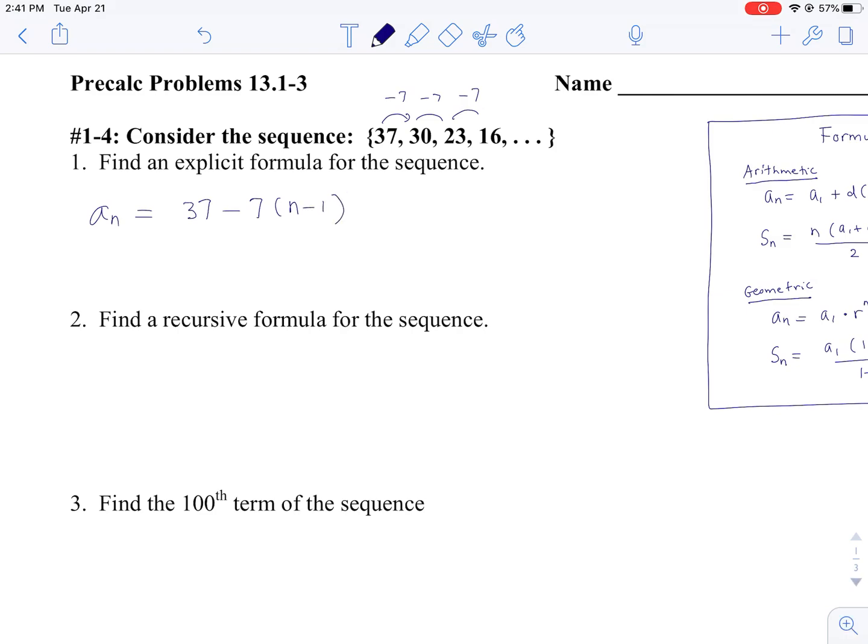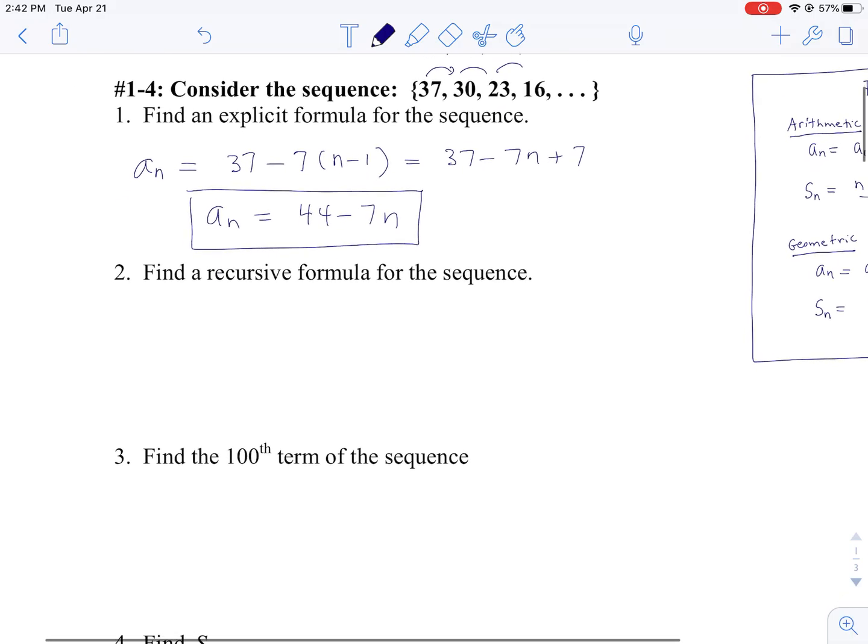Well, it's really plus the common difference, but we're adding a negative, so it'd be -7 times n minus 1. So, of course, if I simplify that, what do I get? I get 37 minus 7n plus 7, so it would simplify to 44 minus 7n. That would be the explicit formula, or the nth term, of that arithmetic sequence.